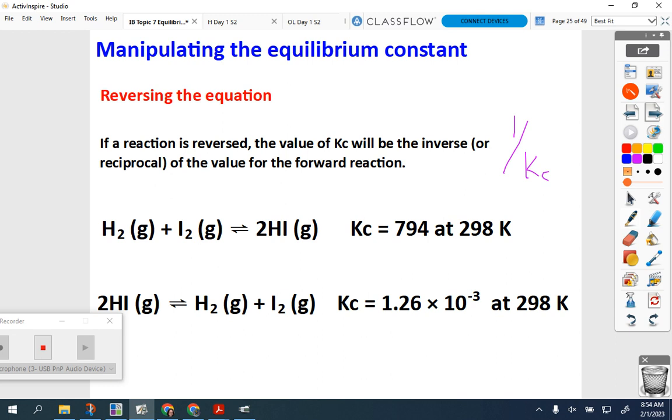That makes sense because the Kc for the forward reaction is products over reactants, and all we're doing for the reverse reaction is switching these, so we're just taking the reciprocal of that ratio. So for reversing the equation, it's just the inverse, 1 over Kc.